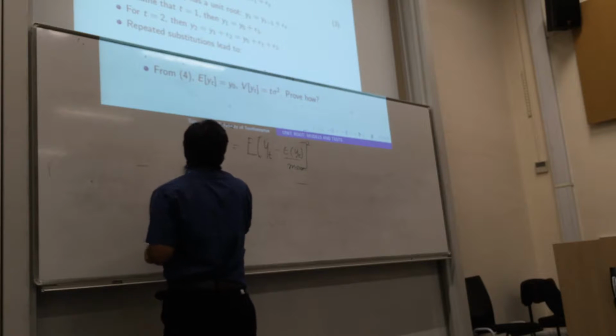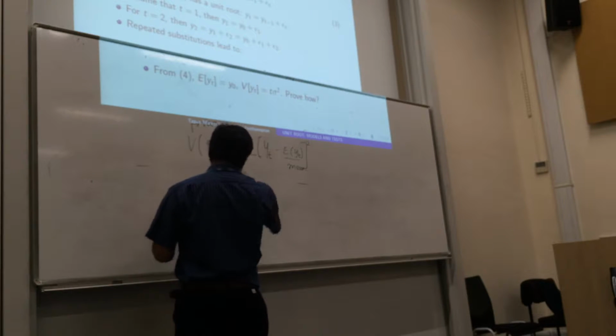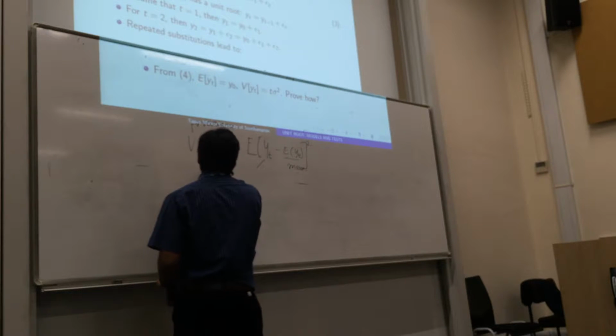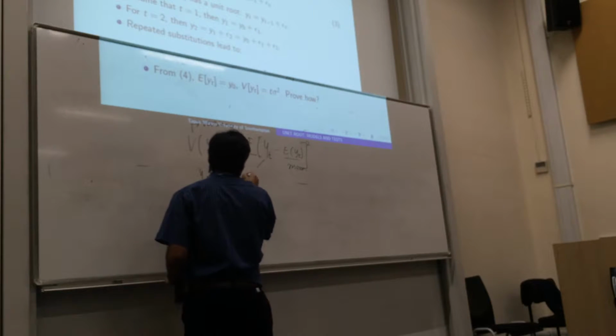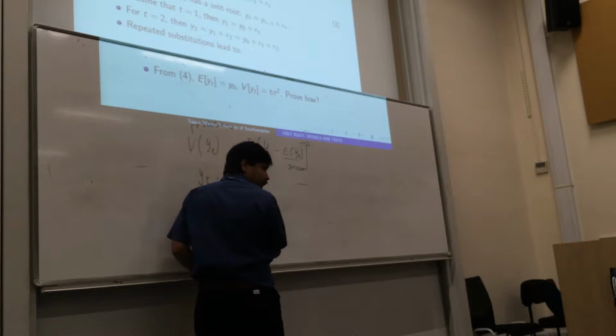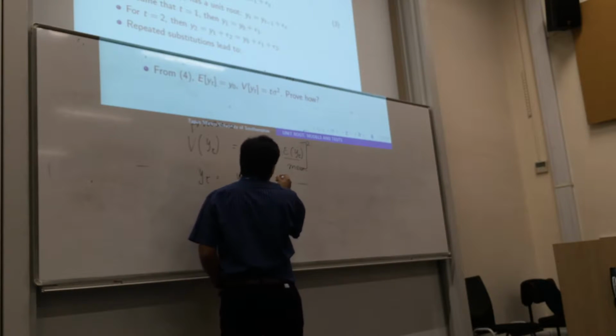So what is your yt here? We know yt is equal to y0 plus the sum of epsilon t, t equal to 1 to t. This is yt, we know that.